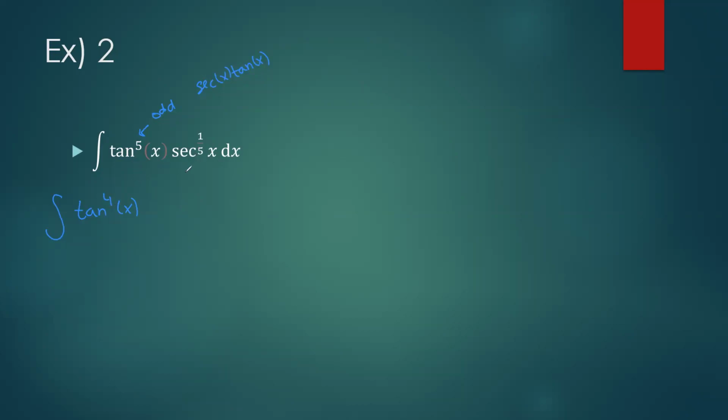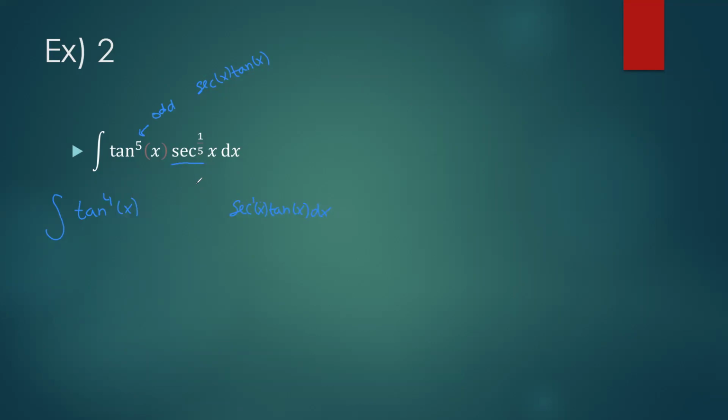And then, if I factor out a secant x tan x, I can't really change the problem. So I can't really change the secant 1/5, right? Secant x is to the power 1.